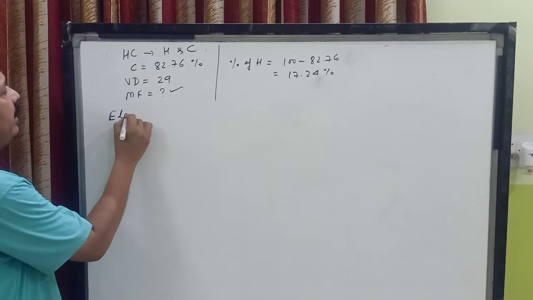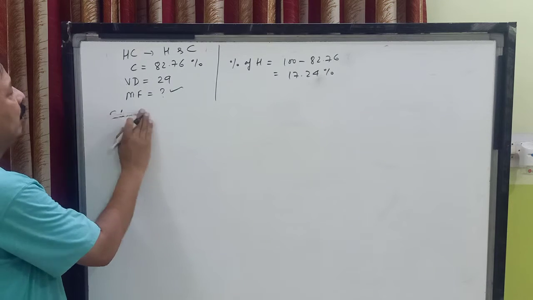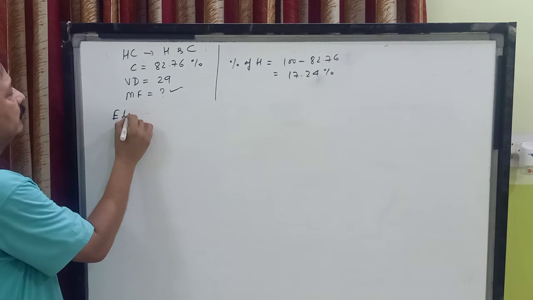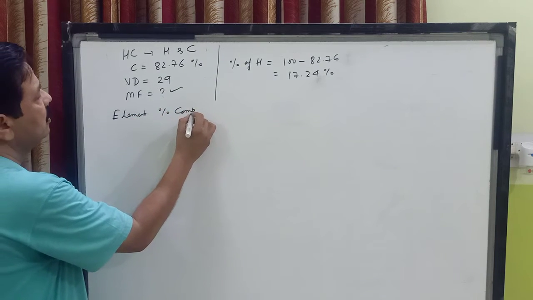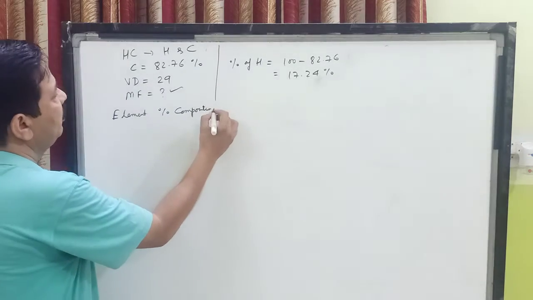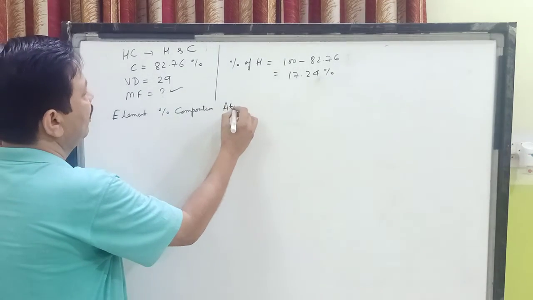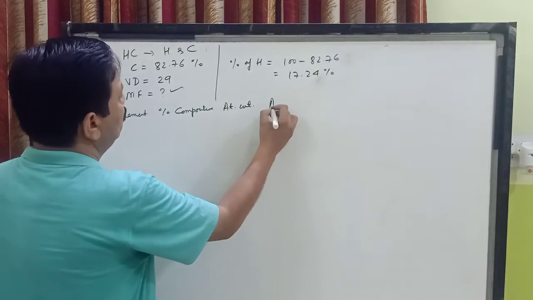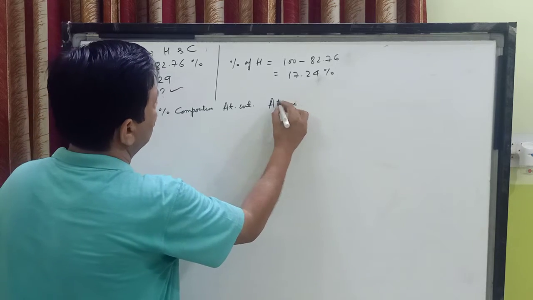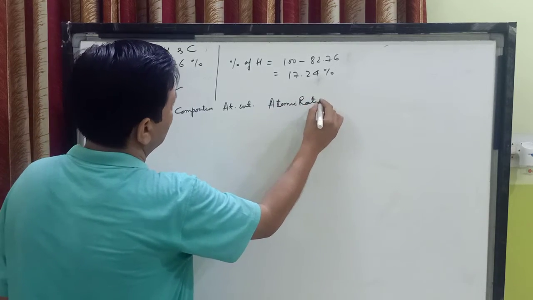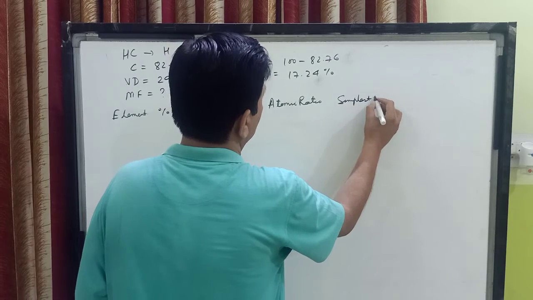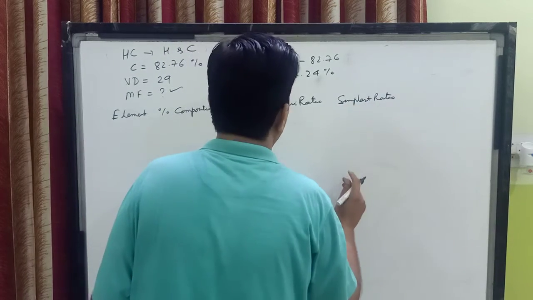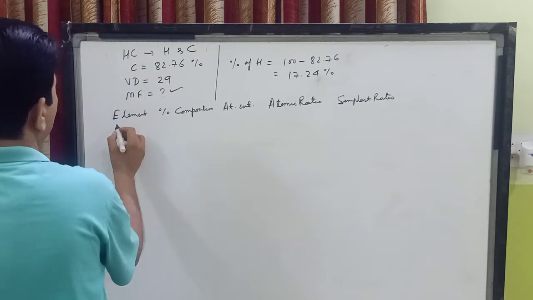So children, first is element, then next is percentage composition, then atomic weight, then atomic ratio, then simplest ratio, and we are going to make a table.